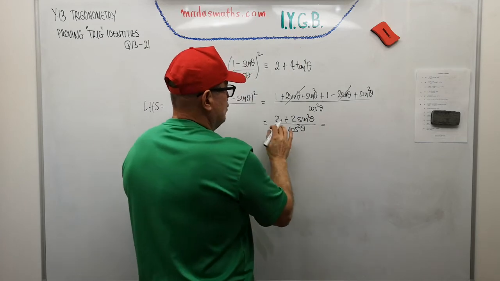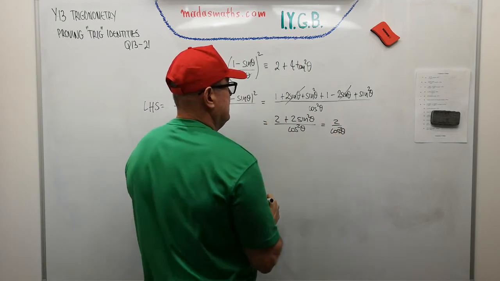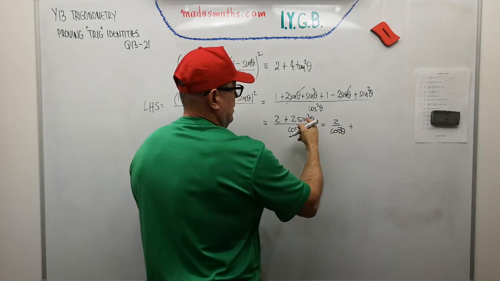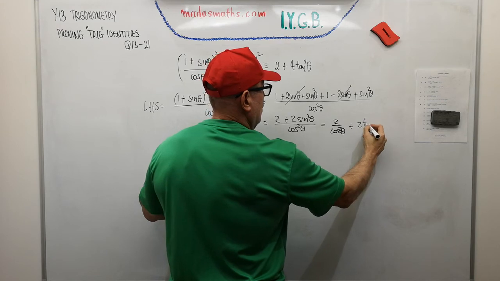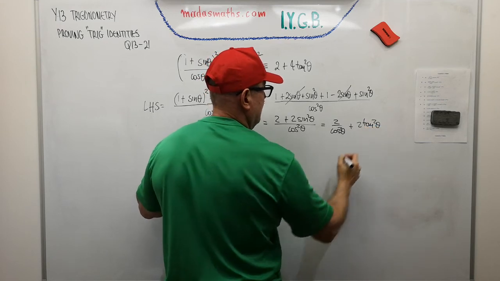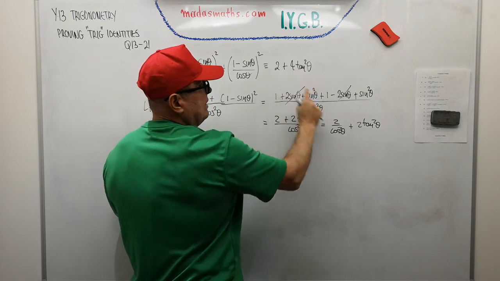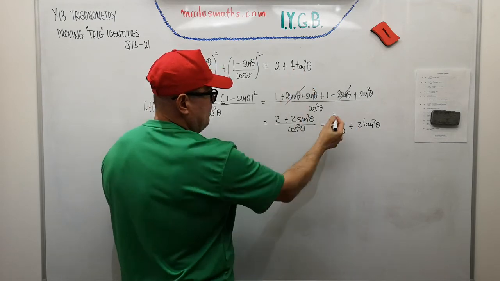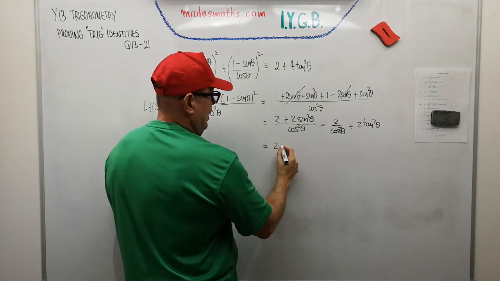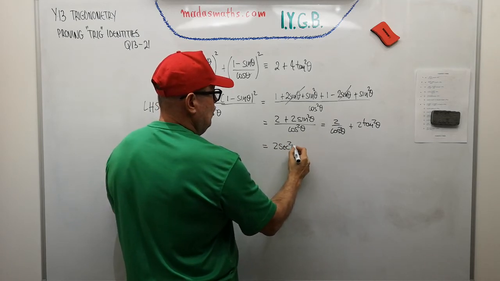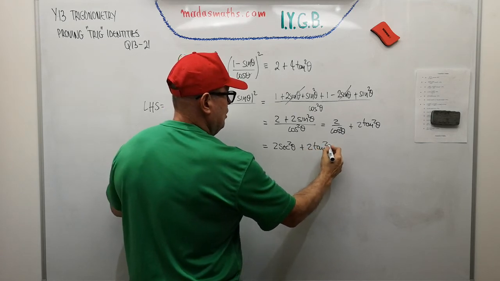So splitting the fraction is going to give me 2 over cos squared theta plus sine squared over cos squared, which is of course 2 tan squared of theta. I don't have the right amounts of tan squared. I have 2 and there's 4 in there, but I have this extra term, so I'm going to write it as 2 sec squared of theta plus 2 tan squared of theta.